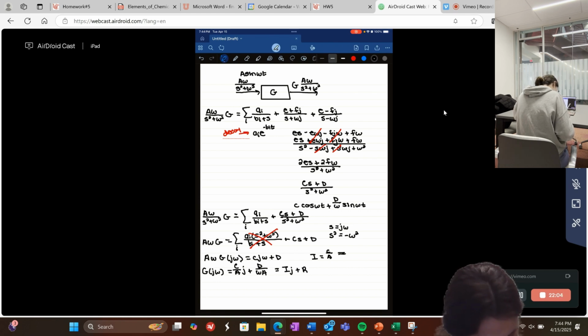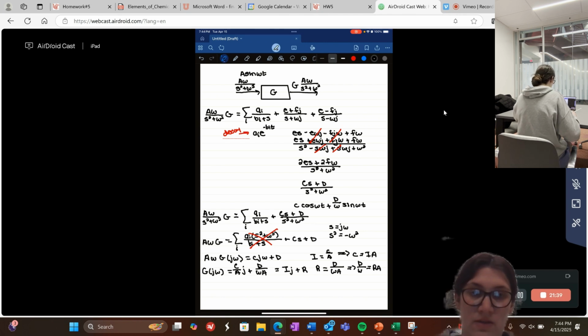And we can turn this into c is equal to ia. And for r, we can set this as d over omega a, which gets d over omega equals to r a.